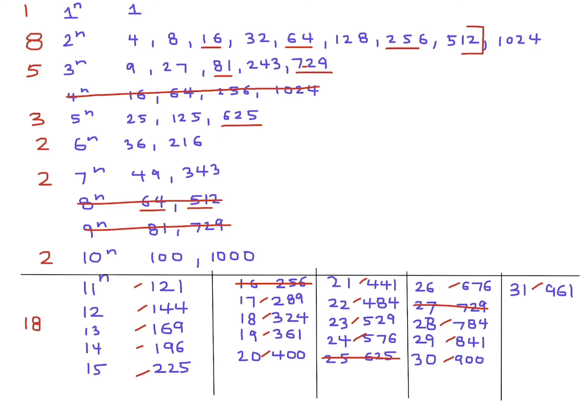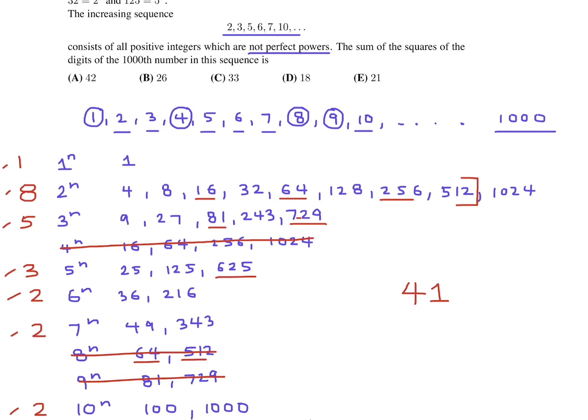All right, so what do we have in total? 1 plus 8, which is 9. 9 plus 5 is 14. 17, 19, 21, 23, and 18 gives me 41. I've got 41 numbers that are between 1 and 1,000 inclusive that I cannot use in this list right here, because we want only numbers that are not perfect powers.